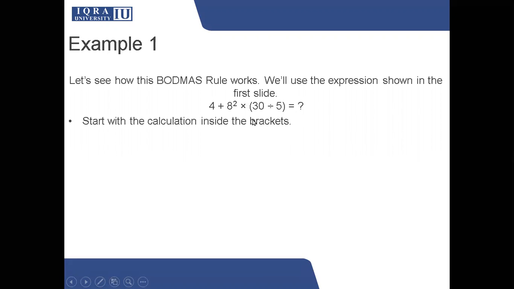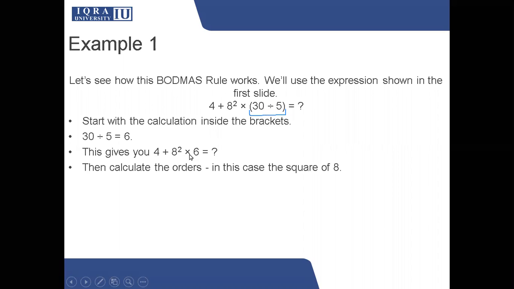According to BODMAS rule, we have to start off with the brackets, right? And the brackets are right here, 30 divided by 5. So we have to solve whatever is in the brackets. 30 divided by 5 is 6, right? So we'll place 6 right in this place. And this will give us 4 plus 8 square multiplied by 6 right here, okay?